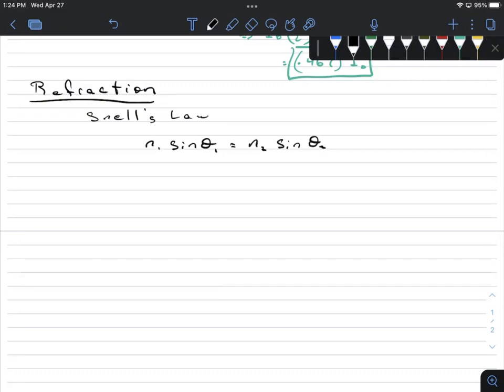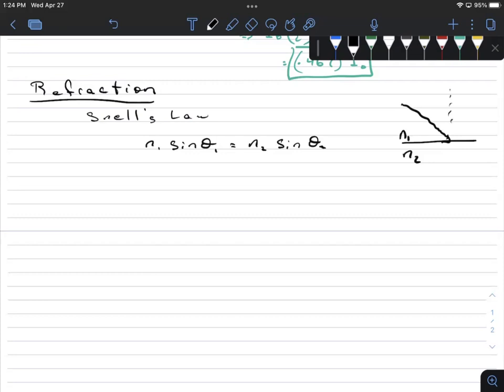And this goes for the type of problem where you have light coming in, hits the surface of a medium. So maybe you're going from air to water. So you've got two different materials. Your air is starting in one, trying to go to another.